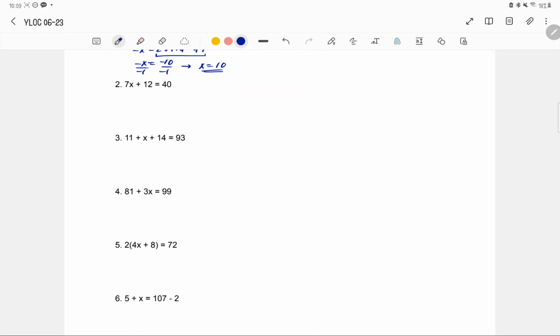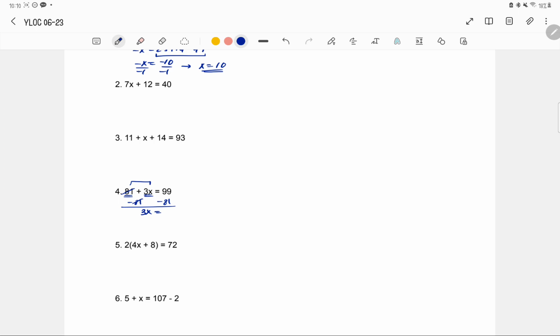And number 4. This one has multiplication, 3 times x, and we have addition here, right? 81 plus 3x is equal to 99. Same thing we did in number 1, we're going to subtract 81 from both sides, and the 81 just cancels out.